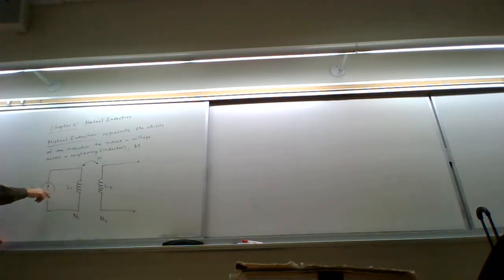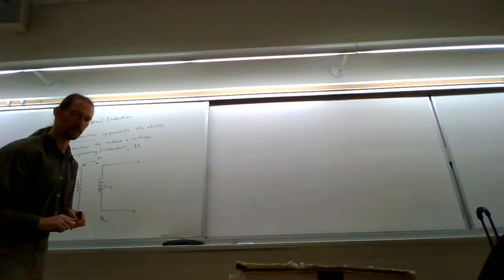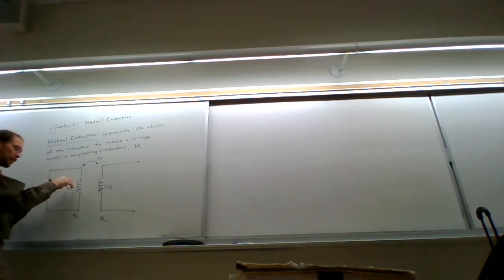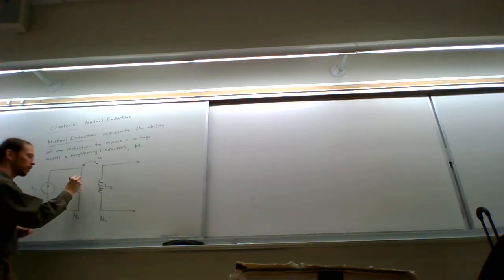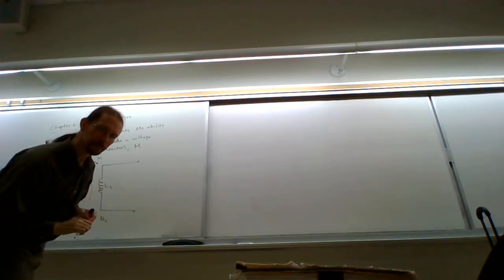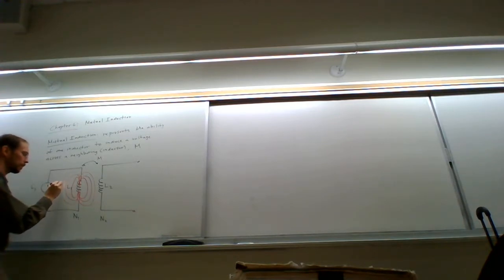So over here, for example, we have this current being fed through this inductor, and suppose there is a magnetic field absolutely everywhere in space being generated by this current. Suppose the magnetic field, just some representative lines, looks something like this. I'll draw one more representative magnetic field line.